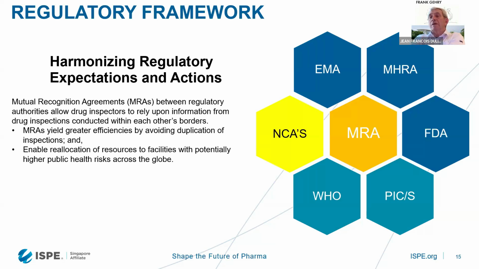We have many other national competent authorities. Among them, we will find ANVISA, we will find the Singapore agency, we find China, we find many others. And if some countries find an interest of harmonization and sharing inspection results, then they can build something which is like a mutual recognition agreement.